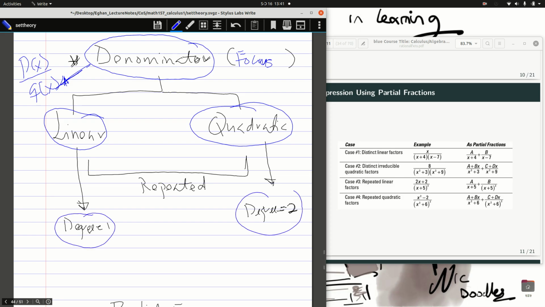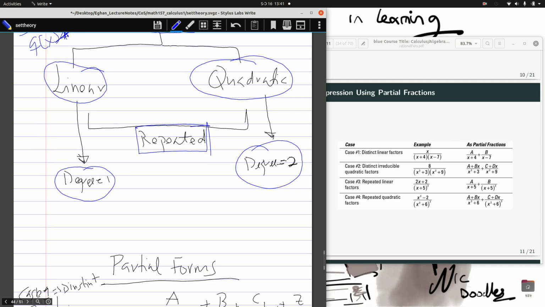Quadratic means degree of 2. You realize that we are building up on polynomials, so this thing shouldn't get confusing. In as much as we have linear and quadratic, we can have these terms also repeating, and we'll look at it very soon. So our focus is on the Q of X.